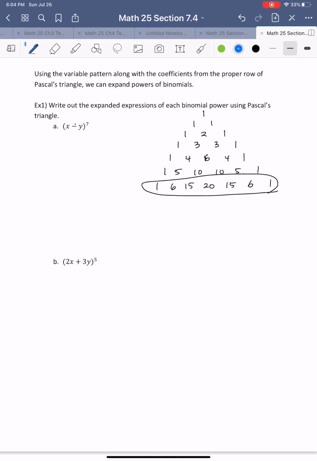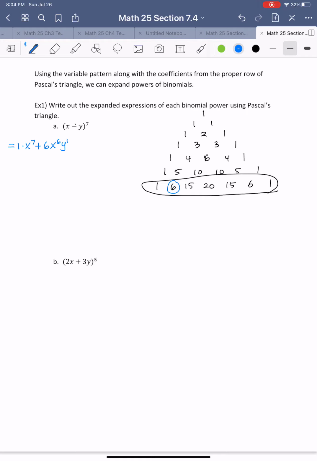So with the coefficients, okay, as you notice, it's 1 times x to the 7th power, y is negative, and then plus, now 6 times, because from the 6 here, okay, 6 times x is decreasing, y starts increasing, first power, we don't have to put it though.